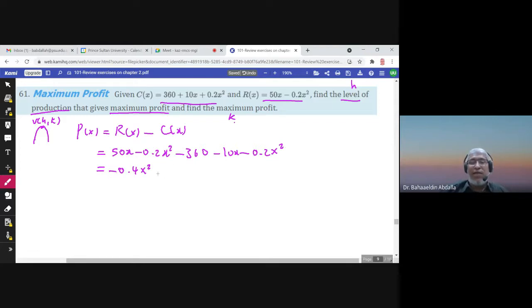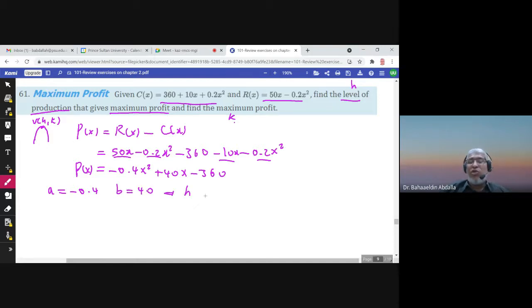50x minus 10x is plus 40x. So I finished with these two and these two, and I still have negative 360. So this is the profit function. So what is A? Negative 0.4. What is B? It is 40.